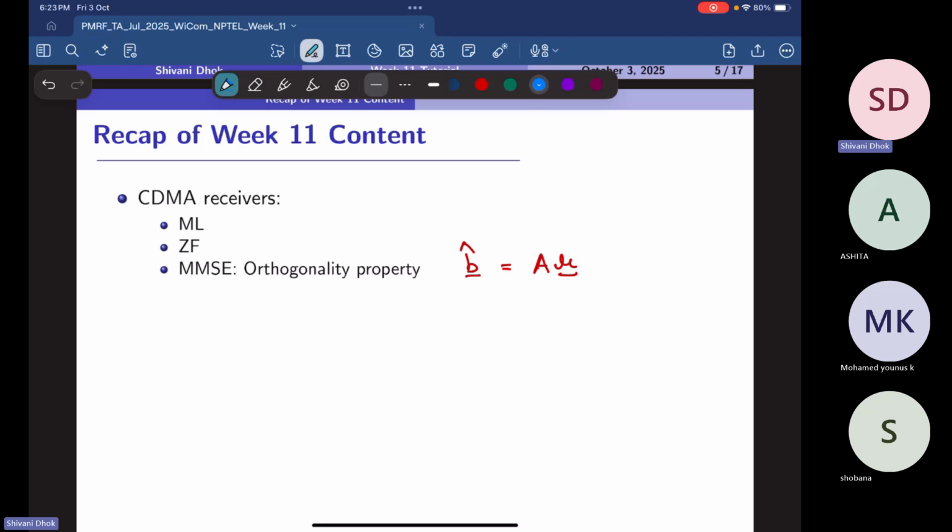Based on this orthogonality property, this matrix A turns out to be R plus N0 times D inverse, whole inverse, where D contains all your signal strengths across your users. D is a diagonal matrix with diagonal entries given by your energies E1, E2 and so on till Ek. So this was your MMSE receiver.